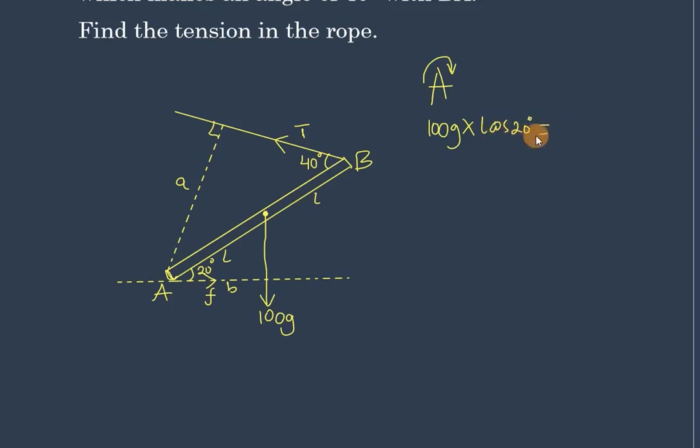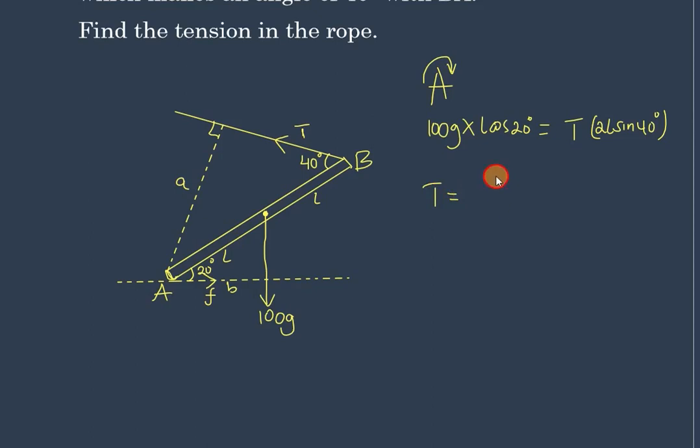It should be counterbalancing T times this side, which is opposite to this 40 degrees, with 2L as the hypotenuse. So we have 2L times sine of 40 degrees. And from there, we are going to get the value of T.